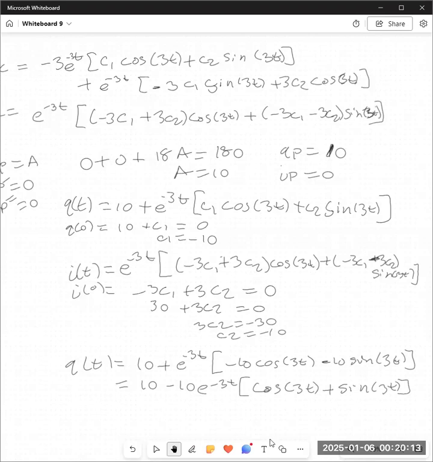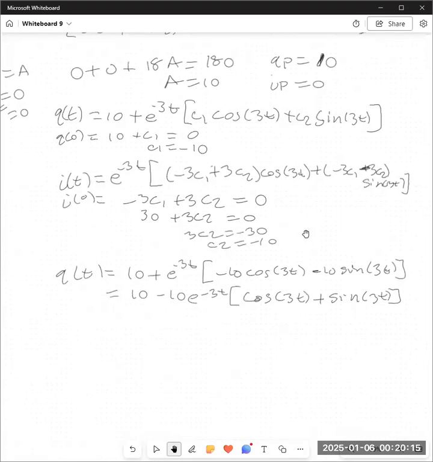And now when we take the derivative of this I of t, we're going to want to go back and make our substitutions for our C1 and C2 in I here.